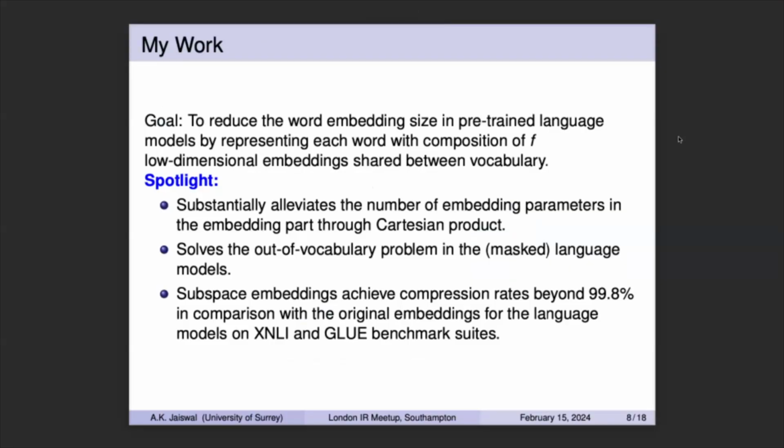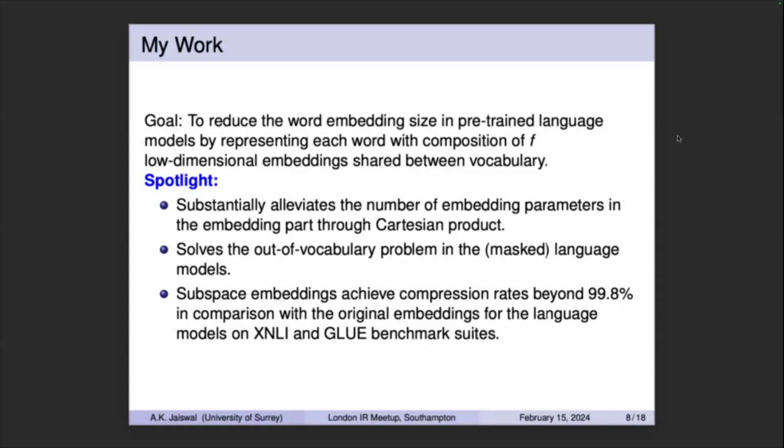Here is a recent work, so I'm going to introduce my work from CCAM 2023. What we did is take the original embedding and split it into partitions. There are partition approaches already in the literature, but the difference here is that we perform a mapping, some sort of linear projection or linear transformation.